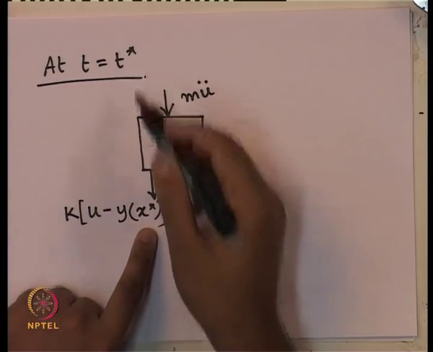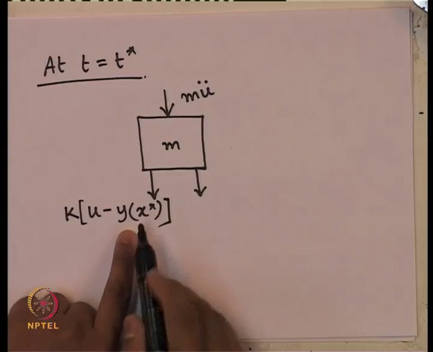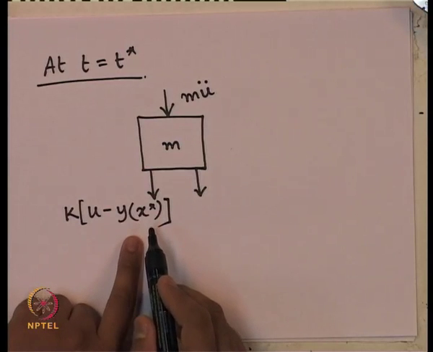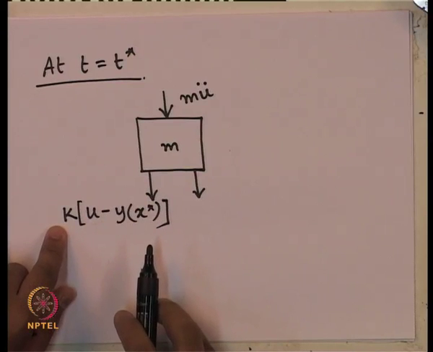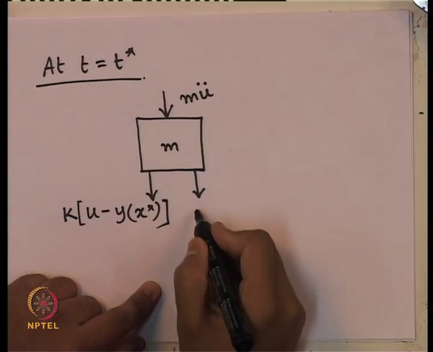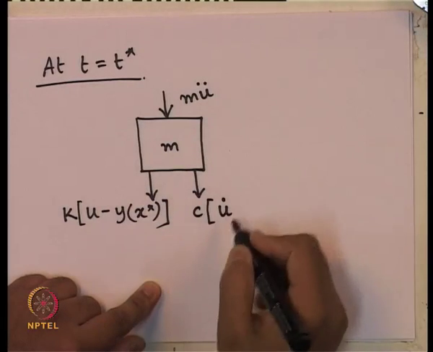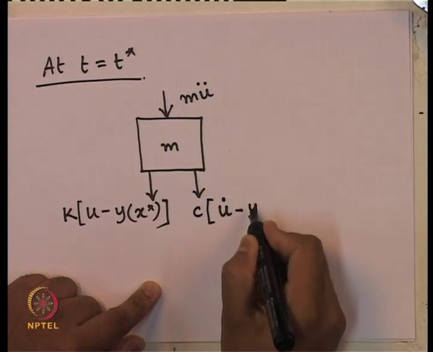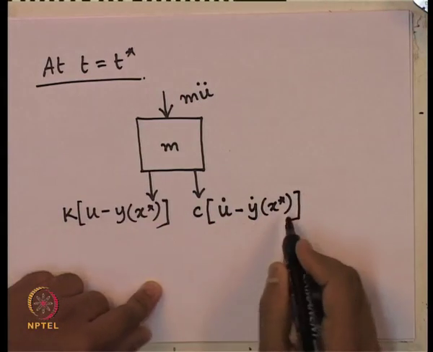At t equals t star, the distance travelled is x star. So y at that time, whatever the displacement function is, the relative displacement times the spring constant will give us the spring force. The damper force should be c times the velocity u dot minus the velocity at the pavement level, y dot of x star.